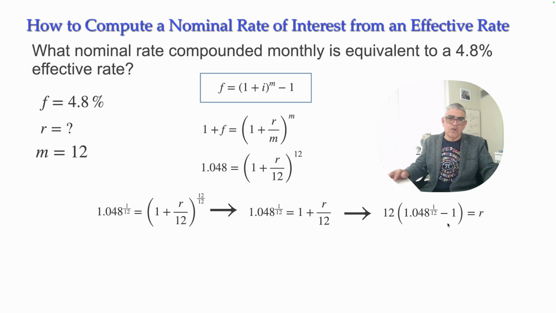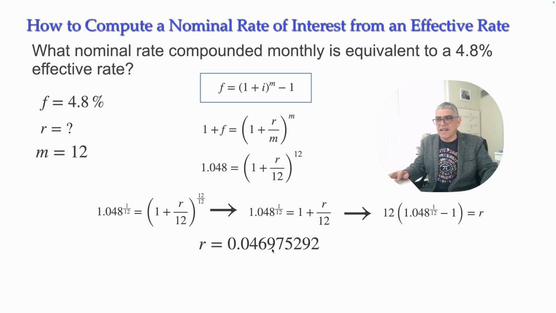And then use your calculator to compute R. I used my calculator, and what I found is 0.046975292. Obviously, the answer must be given in percent, so you multiply by 100 and type percent. So multiply by 100, you get 4.69, and round it to as many decimals as you are asked. I'm going to round it to 4 decimals. So I will say that R equals 4.6975%.